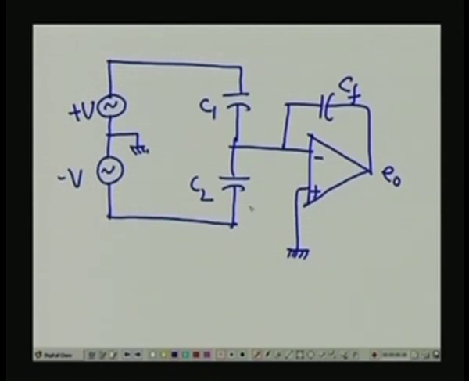This is our circuit. So, we assume this current is I1, this current is I2 and the total current is I, right. And the op amp we are assuming is an ideal op amp, so it is not taking any current inside, right.